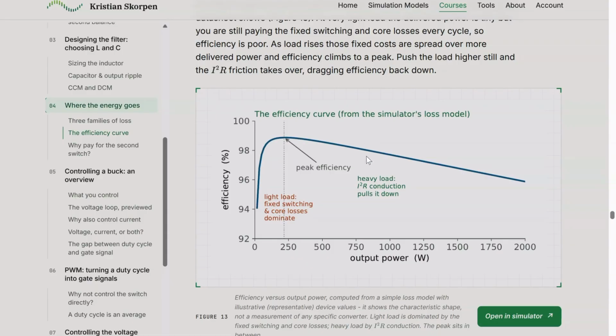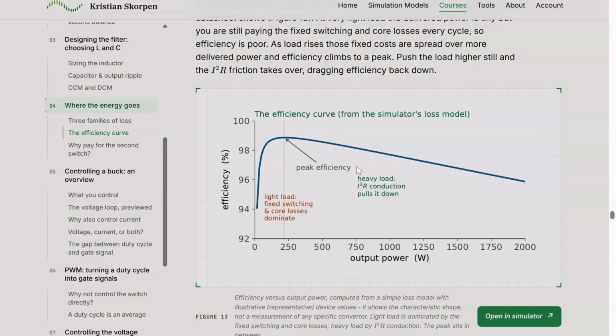For example, if you usually operate at 500 watts, you should have the peak efficiency at 500 watts. But if you usually operate here, then you should get it there. And if you usually operate at maximum power, then you want the efficiency to be as high as possible at the maximum power. But this is a trade-off between the size of the converter itself, the cost, and also the efficiency.